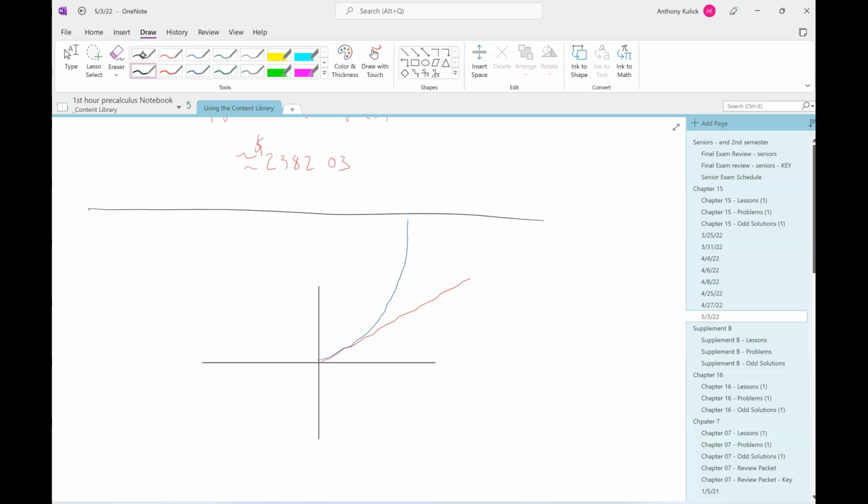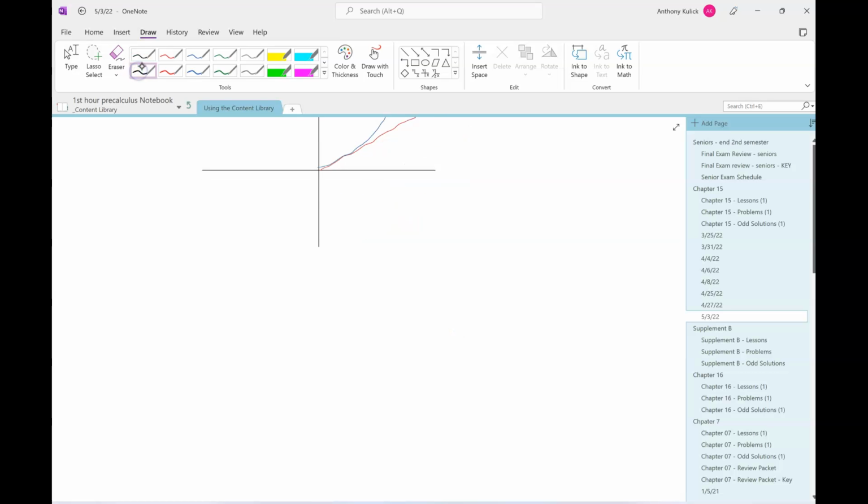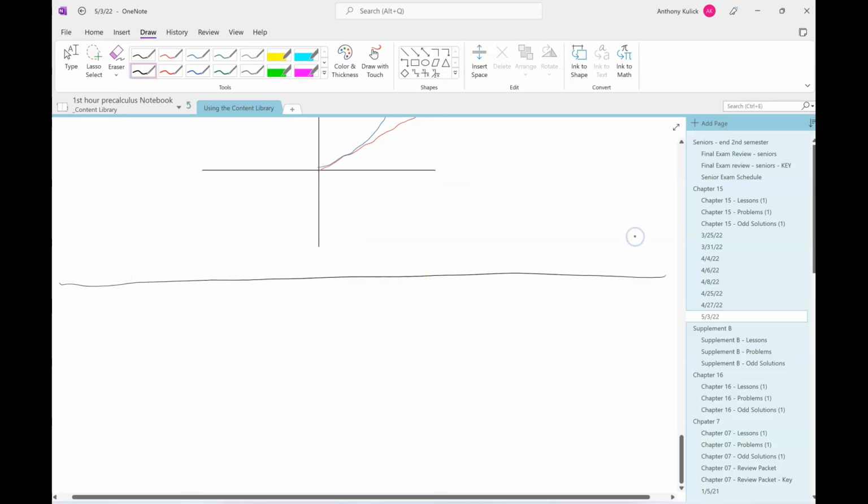I want to take a minute here and now look at how much difference the number of compounds per year makes.